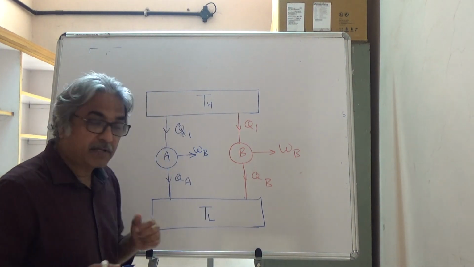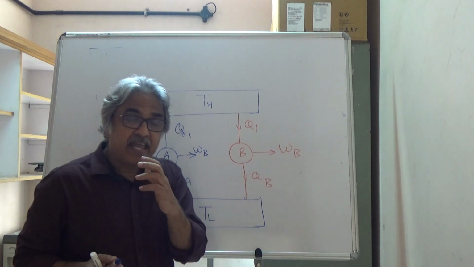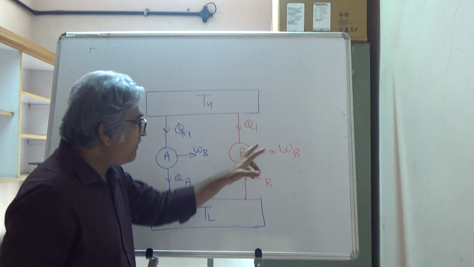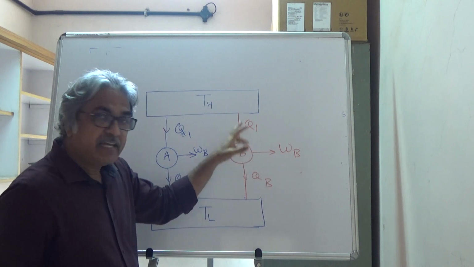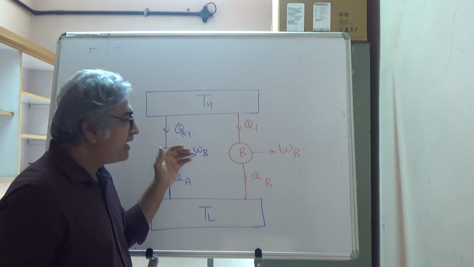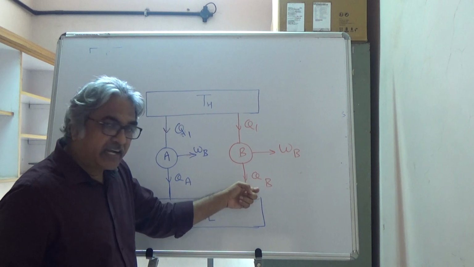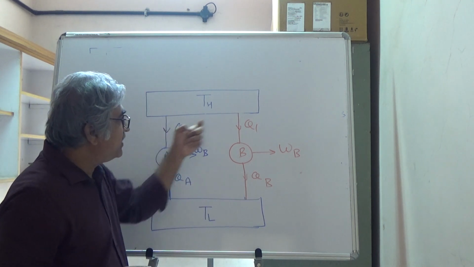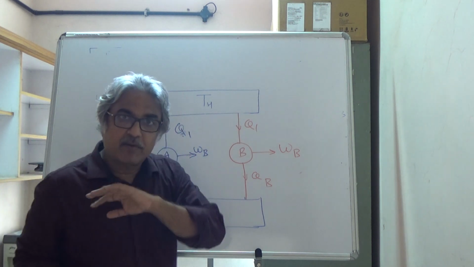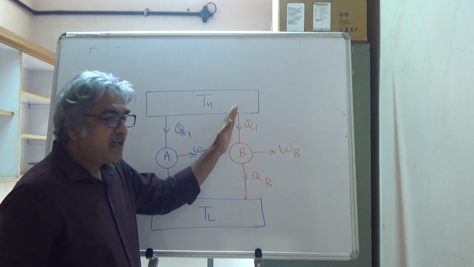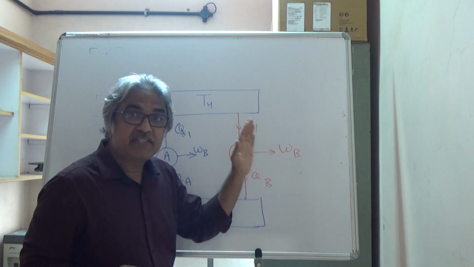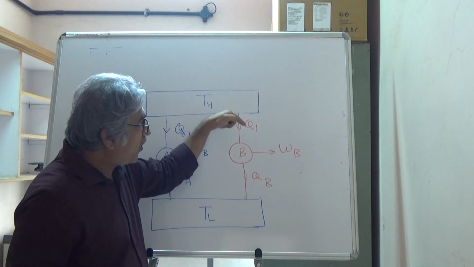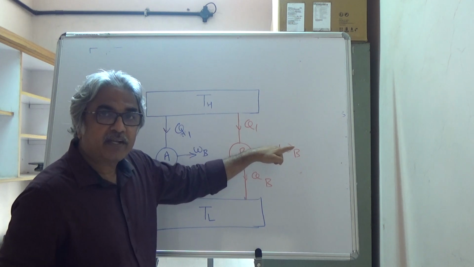This is a non-reversible. Now think about one more point. If efficiency of this engine is greater than this, obviously heat rejected QB will be less than QA, because both the engines are supplied with same amount of heat, but this engine, being reversible, converts more of Q1 into work.